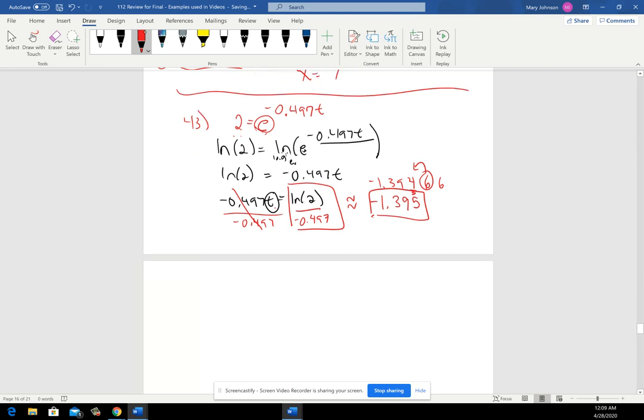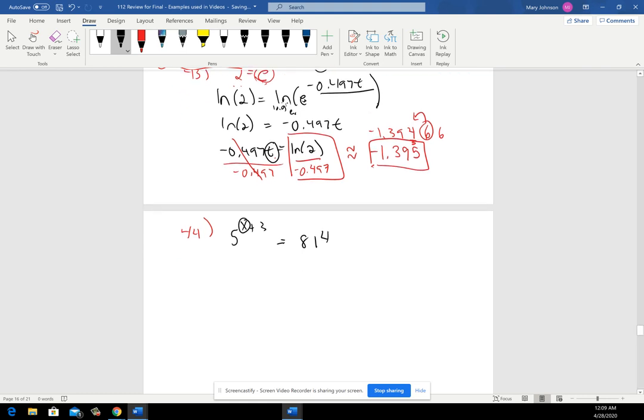Okay, all right, let's do another exponential. Let's look at 5 to the x plus 3 equals 814. Anytime you've got a variable in the exponent like we did on 43, logs are going to be involved most of the time.